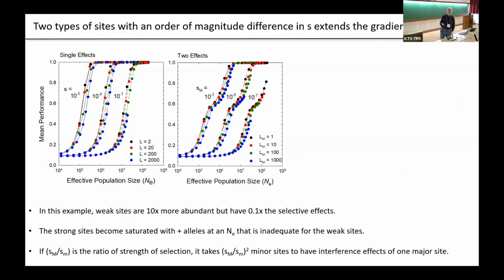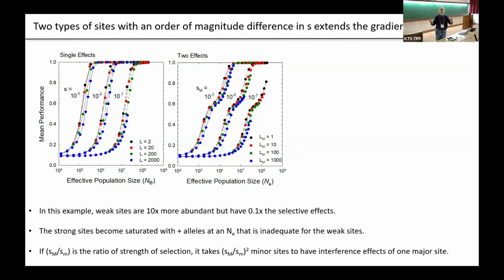But now what we say is there's a set of sites with large effects like before, but another set with smaller effects. And the way I've got this set up, there's sites that have tenfold lower selective effects, but those are 10 times more frequent.